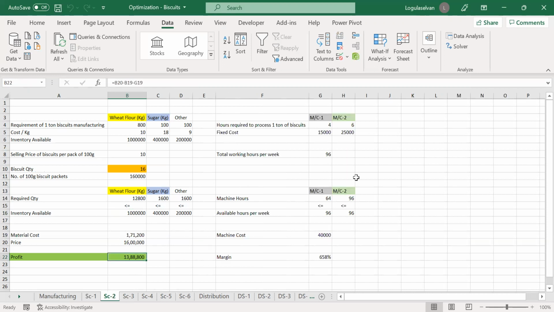But with the machine hours, they can only make a profit of around just 13 lakhs. Just see the difference, how much it is affecting. Even though the company has enough inventory, the company is losing because of the restriction on the machine hours. So now the company has to take a call whether to increase the machine hours or to reduce the inventory, because the company is blocking money with very high inventory here.